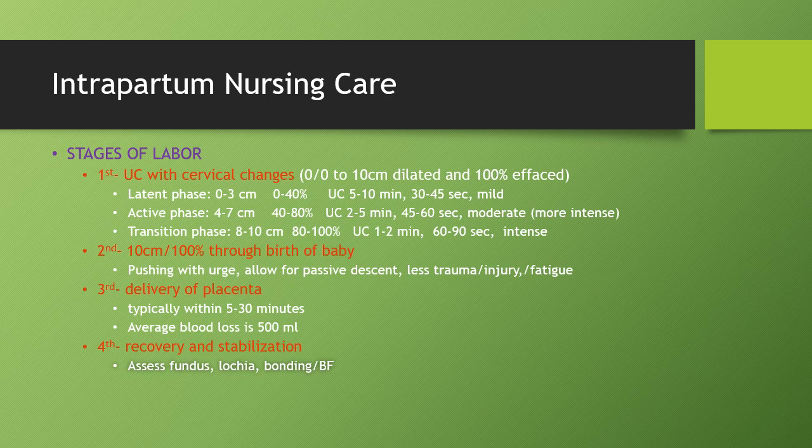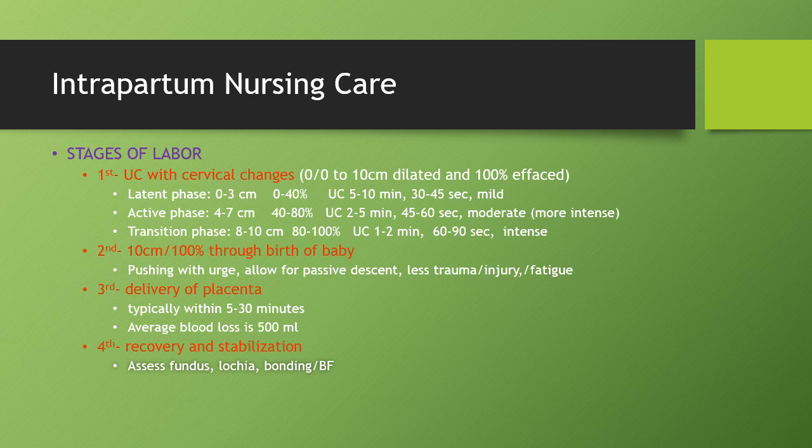It should be firm. Initially, immediately after delivery, it'll be about halfway between the pelvis and the umbilicus, and then it gradually returns to the umbilicus within the first 6 hours or so. Every day it should kind of decrease by about 1 centimeter or 1 finger width. The tone should be nice and firm, and the location should be midline.